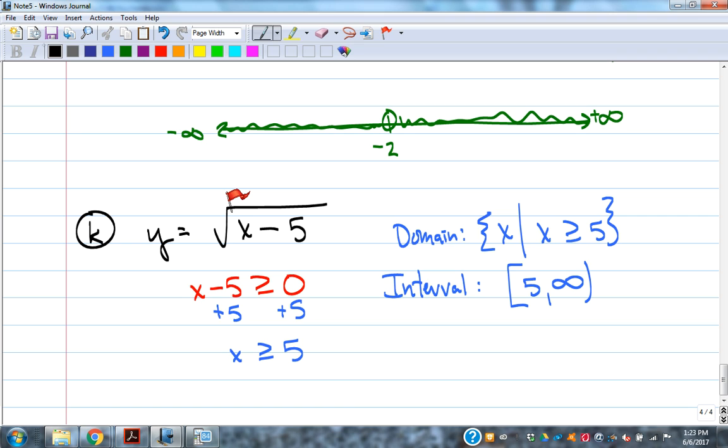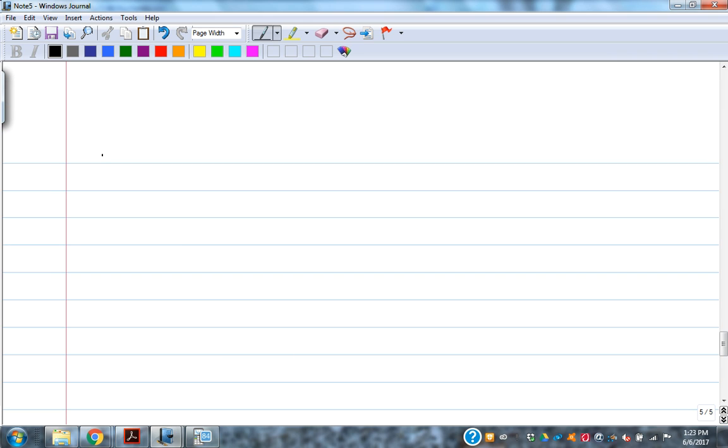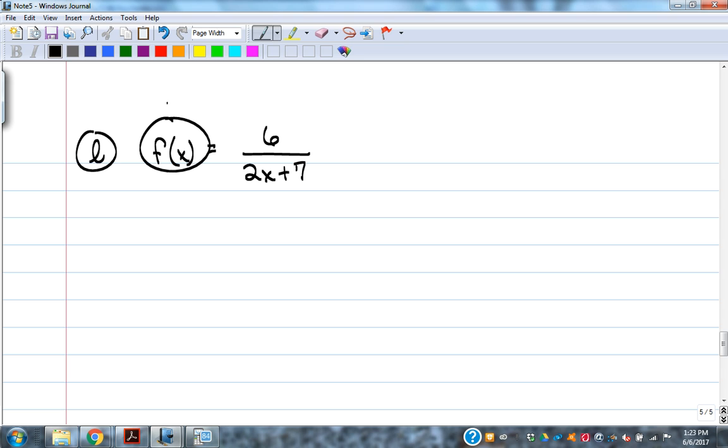Let's look at the next one. The only thing that changes on the next example is we write it like this. F of x is equal to 6 over 2x plus 7. What did f of x take the place of?